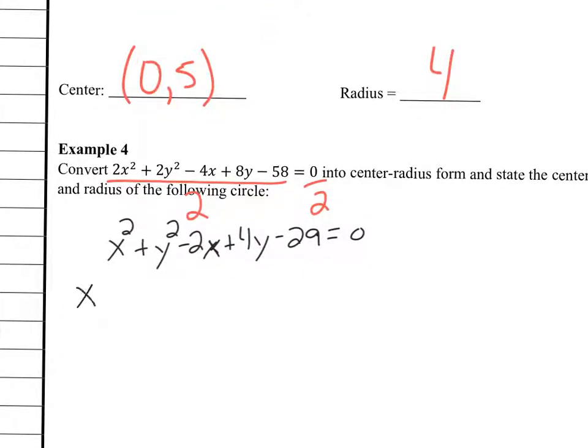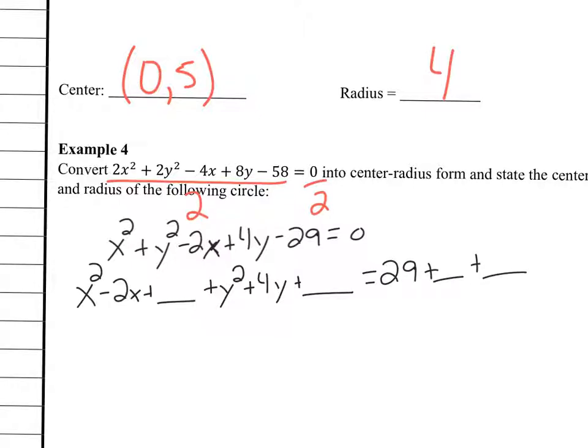So we have an x squared plus minus 2x, plus a blank, plus y squared plus 4y plus a blank equals 29 plus blank plus blank.